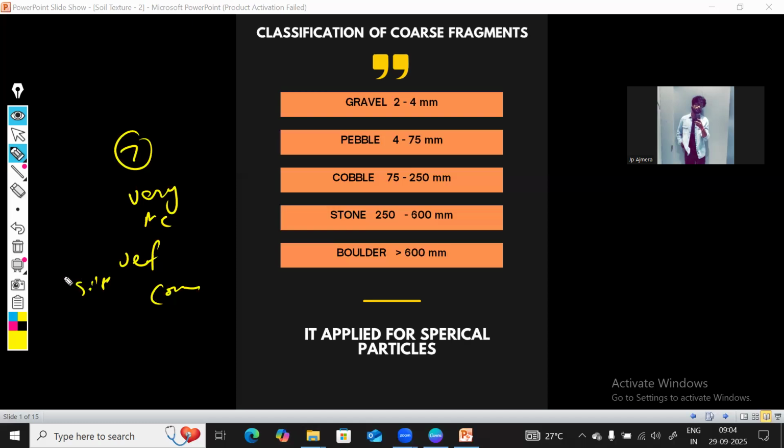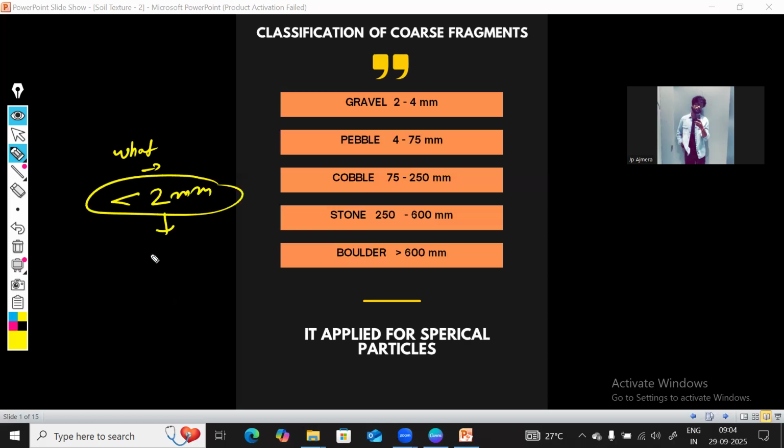So that was the 7-class USDA classification of soil separates. What were soil separates? Soil separates were those particles whose size was less than 2 mm.